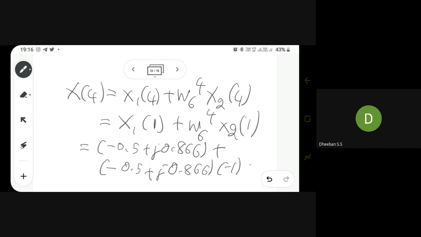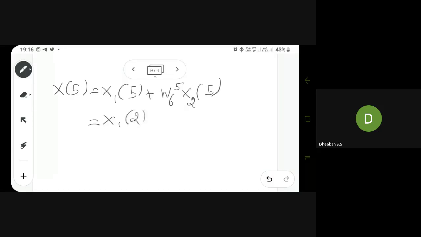So for the last one, x of 5. x of 5 will be x1 of 5 plus w6 of 5 into x2 of 5. So we'll be getting x1 of 2 plus w6 of 5 x2 of 2.